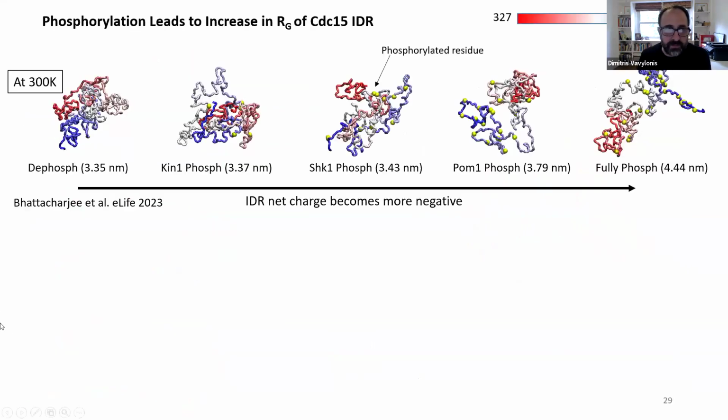Okay, so this is a simulation showing how adding negative charges here, these yellow dots, expands the disordered region. The size of the disordered region is a signature of their tendency to phase separate. The more compact they are, the more likely they are to aggregate with themselves and each other.